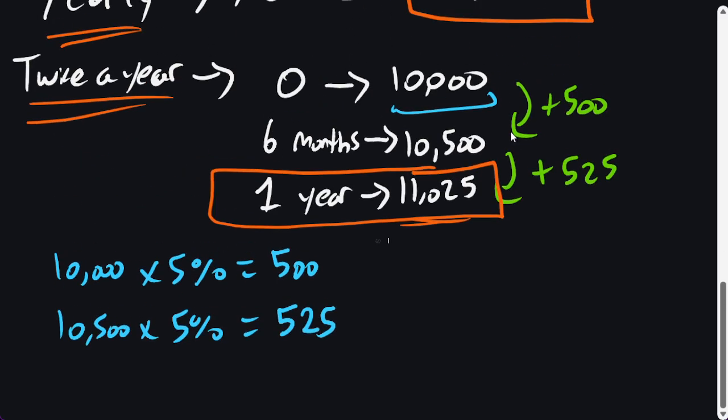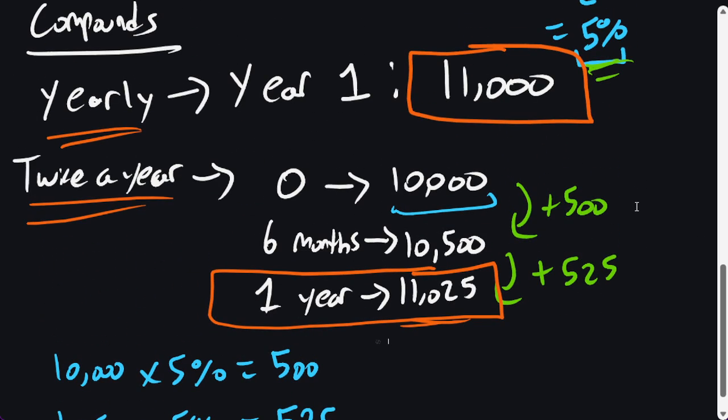You can compound monthly, so 12 times a year. You can compound daily, 365 times a year. You can compound as much as you want in a year, and your money will grow more.